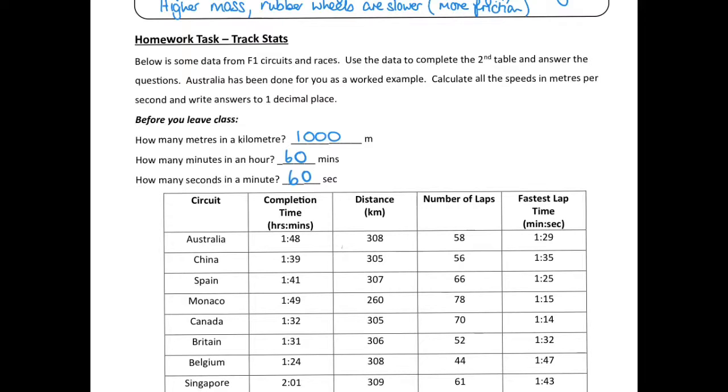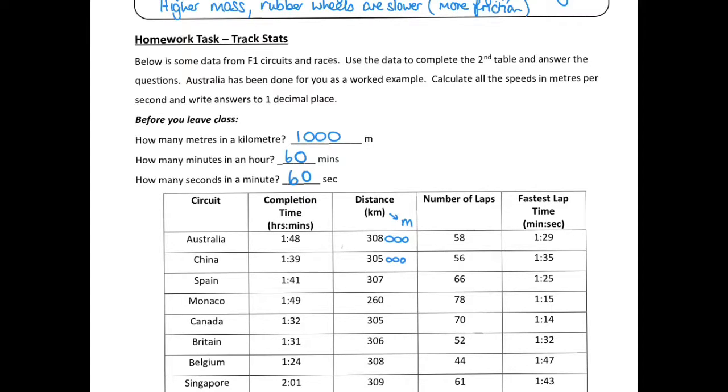And we're also going to convert our distance in kilometers into meters, which is relatively easy. So this one here is the easiest to do. All we're going to do is all the way down the table add 0, 0, 0, and that turns our kilometers into meters. If you do it in a different color like that, then it's very clear that those 3 zeros is the kilometers into meters conversion.